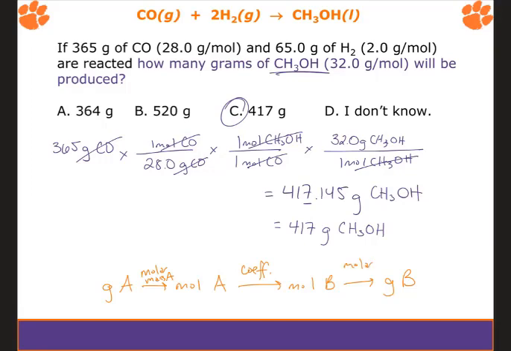And this is the molar mass of B. And if you had started directly from your mole calculations from the previous problem, you could have just started here and gone straight from moles of carbon monoxide to using the coefficients. So you can do it all again as I did here, or you can just pick up here and work your way to the end. Either way is fine.